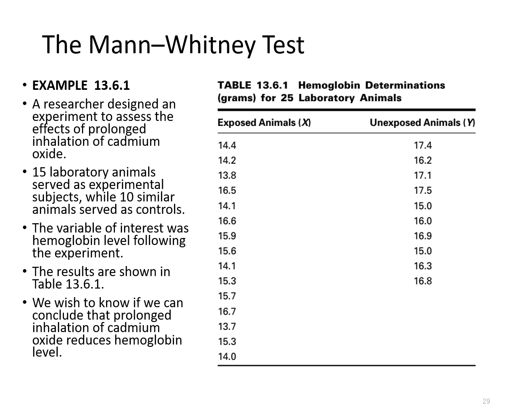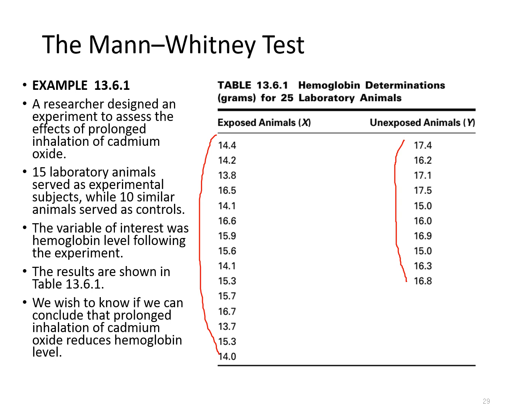We are studying 25 laboratory animals, 15 exposed animals and 10 unexposed. For the 15 animals, we applied prolonged inhalation of cadmium oxide. That's the exposed group. The unexposed group is this one.